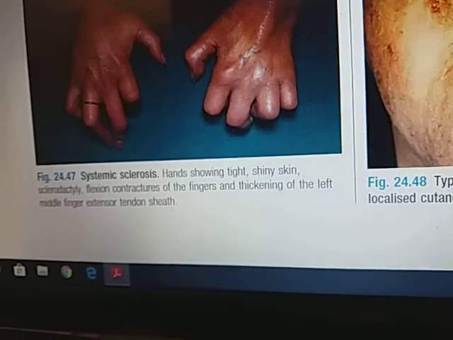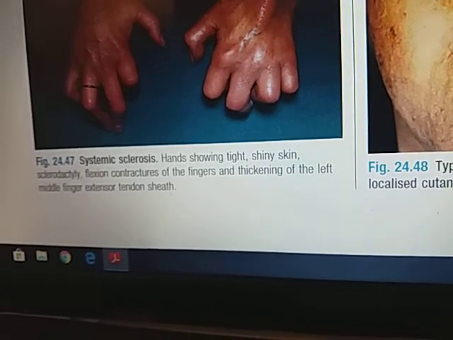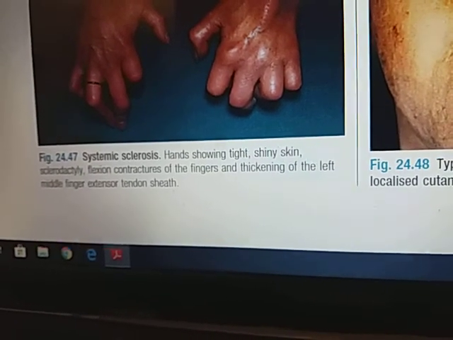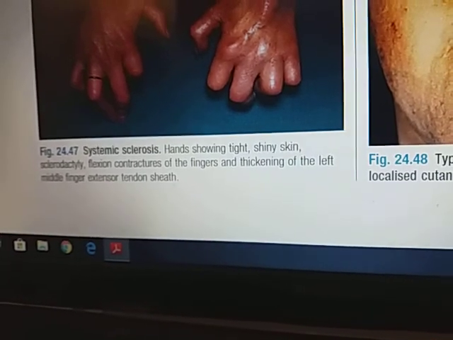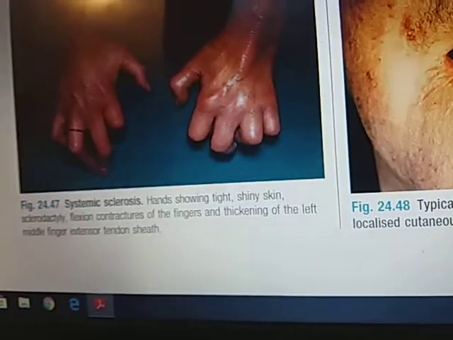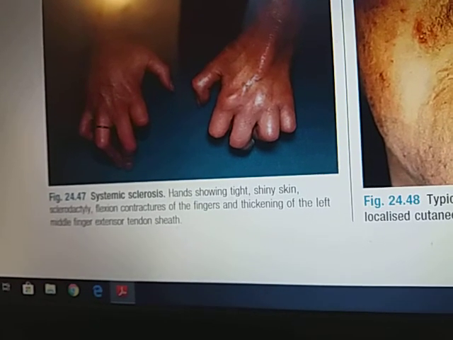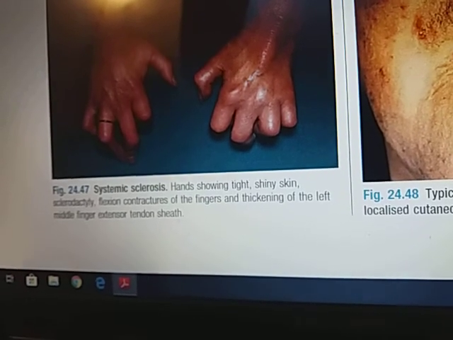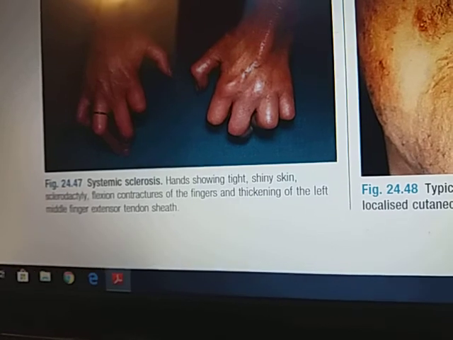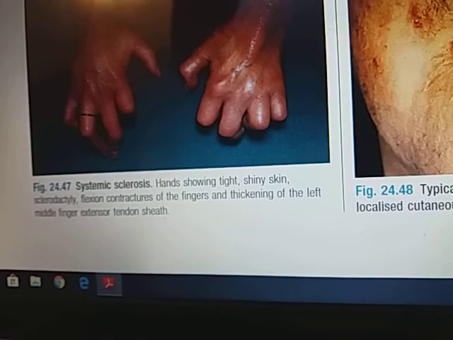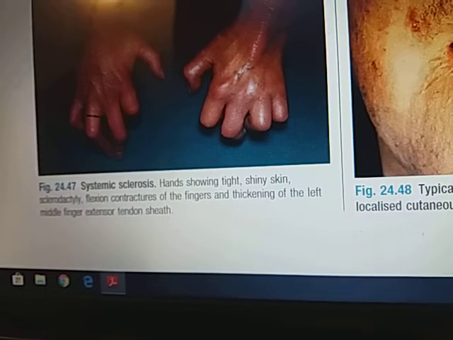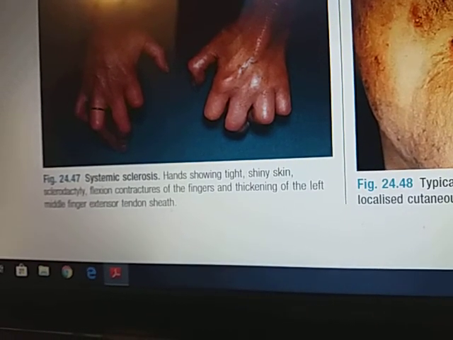Scleroderma renal crisis will lead to malignant hypertension, so it is considered a medical emergency. Here it is treated by ACE inhibitors. And one should avoid non-steroidals and steroids.